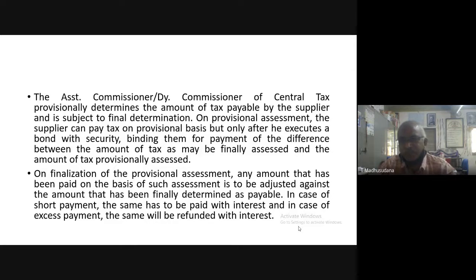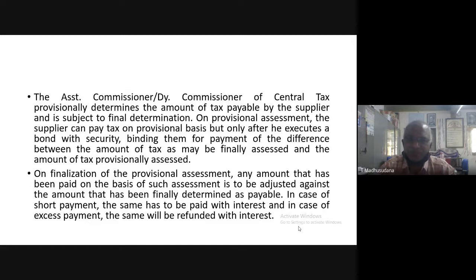On provisional assessment, the supplier can pay tax on a provisional basis, but only after he executes a bond with security binding him for payment of the difference between the amount of tax as may be finally assessed and the amount of tax provisionally assessed. That means in the provisional assessment, the supplier can pay tax on a provisional basis by executing a bond.